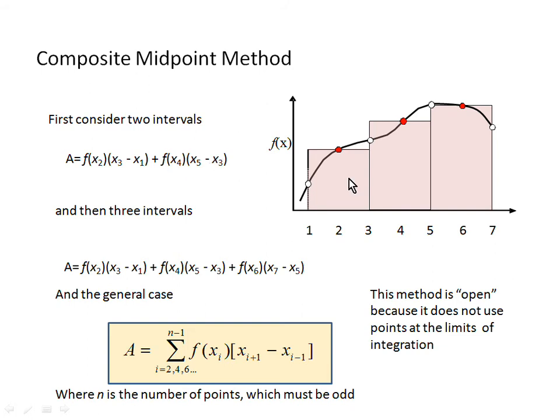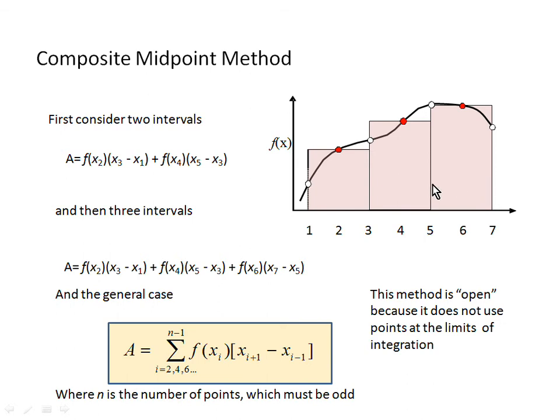So this rectangle would be calculated there, the area of that rectangle, and the area of that rectangle would be calculated there. If we added another interval, this third one here, we would add another term here, f at x6, which is that point, times x7 minus x5, which is that minus that.